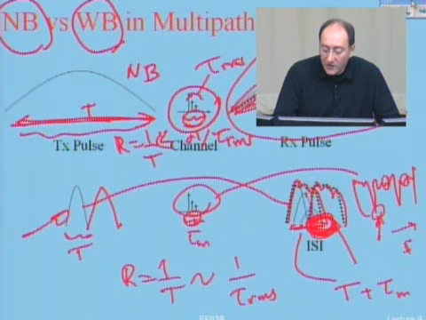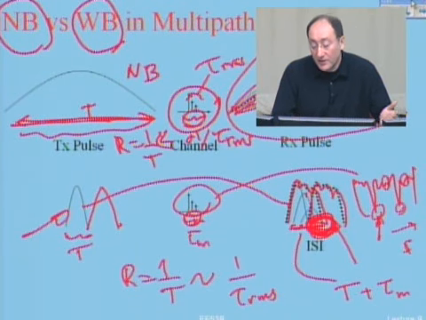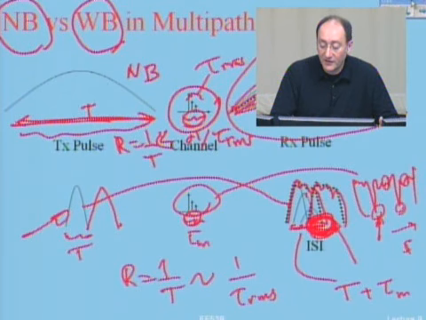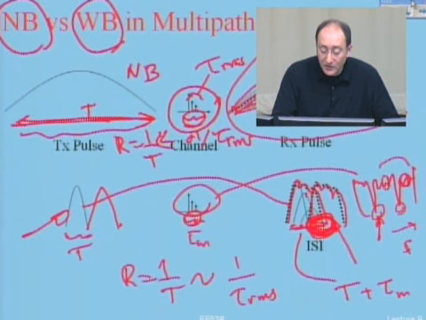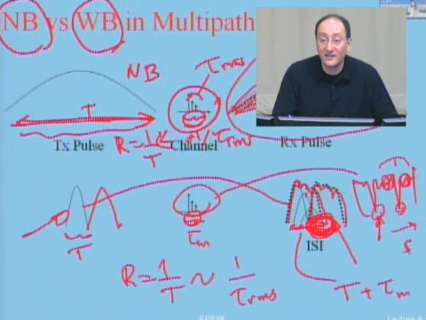Okay? So if I'm in deep fade, that's fine. The entire signal goes to the fade. If I'm in wideband communication, I'm something like that. Part of the signal is hit by a good channel, part is hit by a bad channel, by a fade, by frequency selective fading.